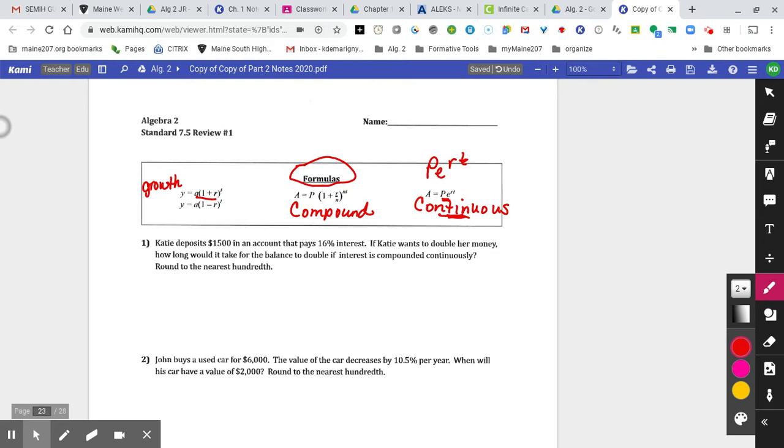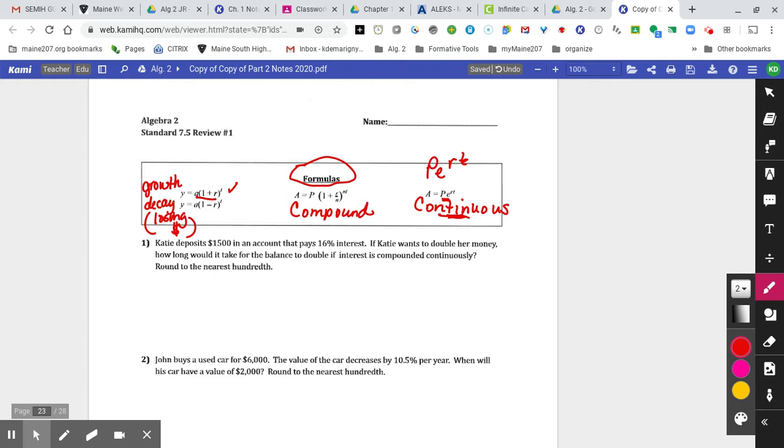And then this one is a decay, meaning you are losing money on a daily basis. So if we have something that depreciates, we'll use this one. If we have something that appreciates, we'll use this one. So this one's a growth and this one is decay.